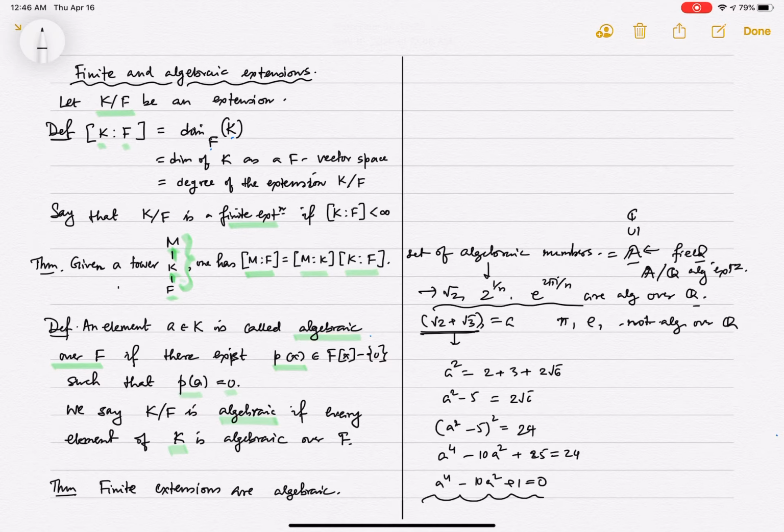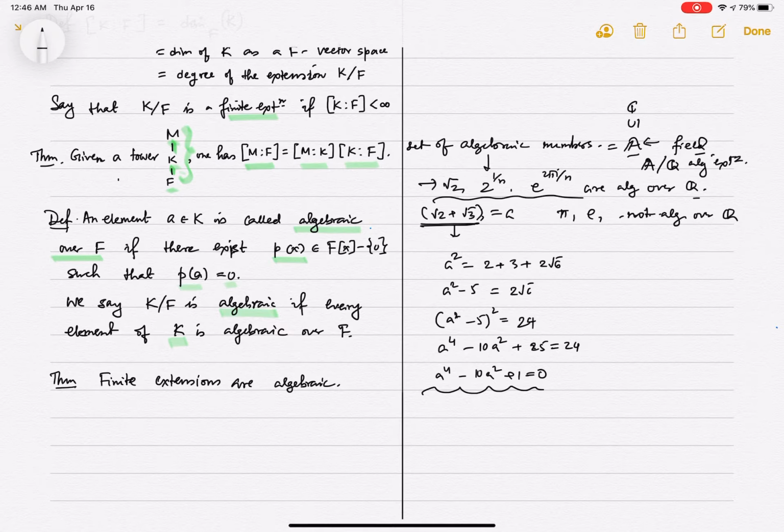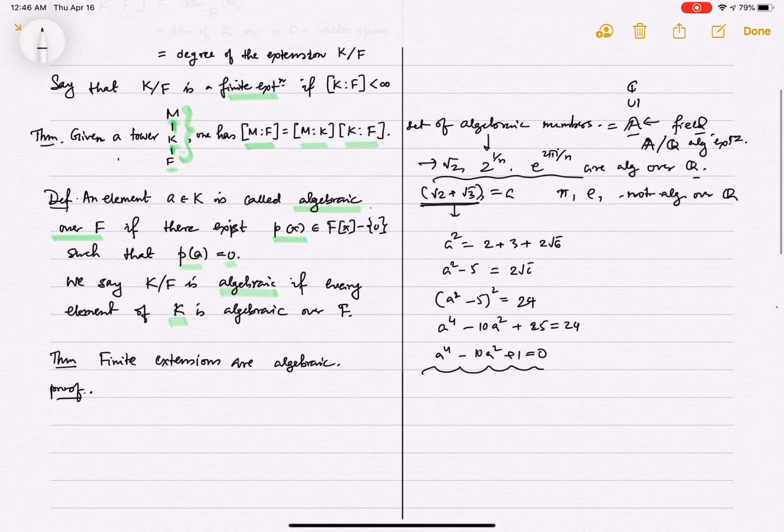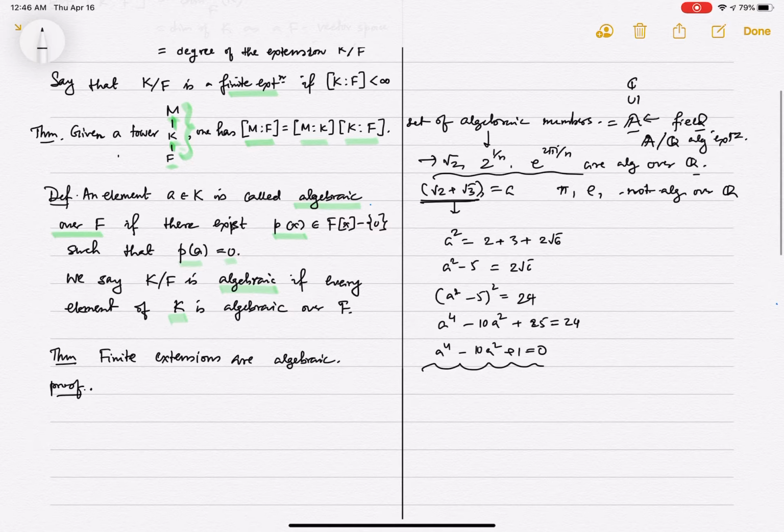But the converse is true, actually. So algebraic extensions don't have to be finite, but finite extensions are almost trivially algebraic. I sort of rushed through the proof last time, so let me say this again. Let K over F be finite, which means K is a finite dimensional vector space over F, and take some a in the big field.